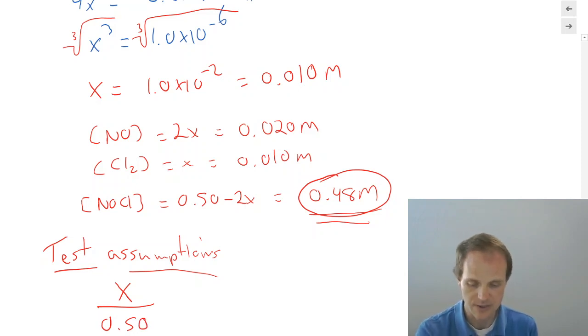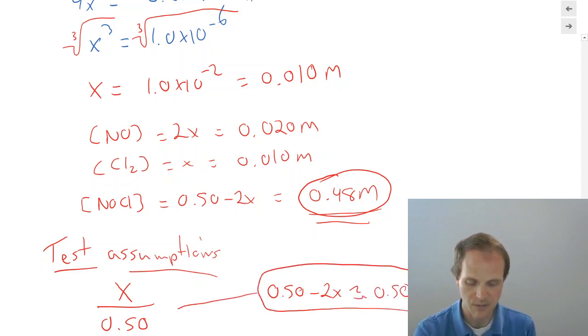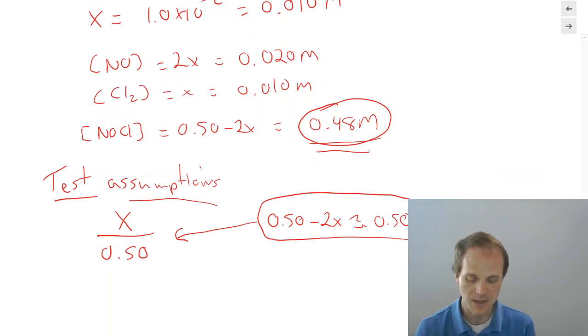So, right, we were saying that 0.50 minus 2x was approximately 0.50, right? That was our assumption. And so now we want to test that assumption. Now, you really should test for 2x over 0.50, but every single textbook I've ever seen, and I looked through, I don't know, 30 of them one day because I was very curious, has you testing x over 0.5 for this type of problem.